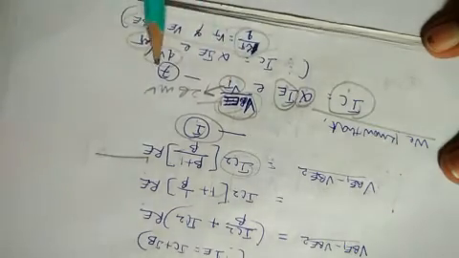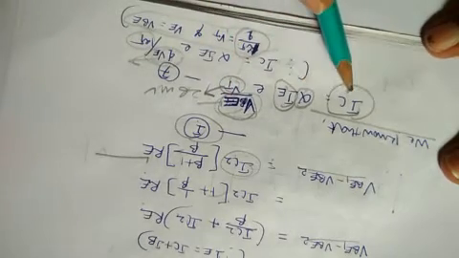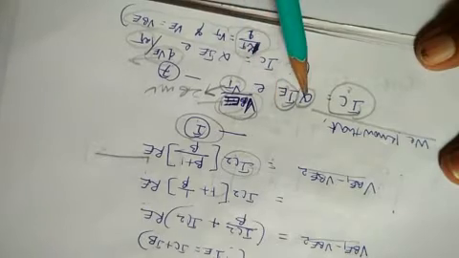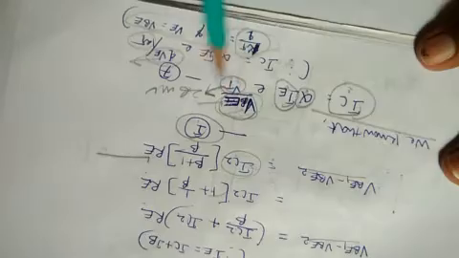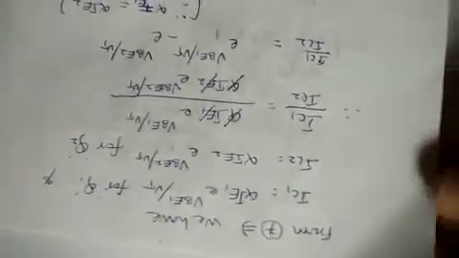Instead of V, the potential, we have chosen VBE here. So this is for a transistor, and the collector current equals a constant into emitter or saturation current into e power VBE by Vt. So this is a general equation for any transistor or diode.